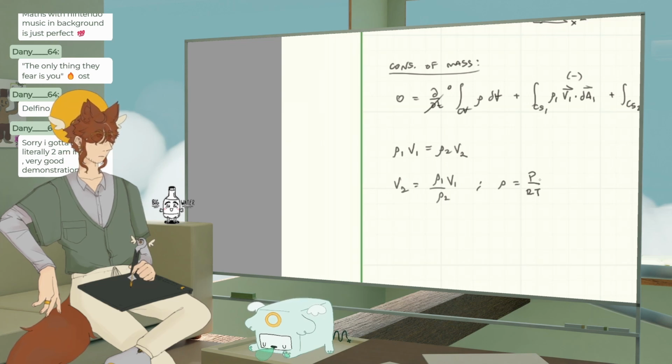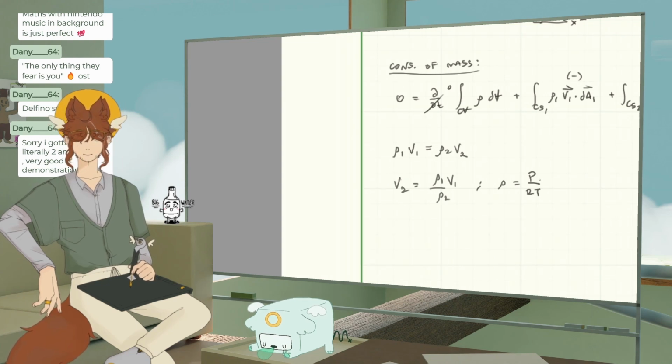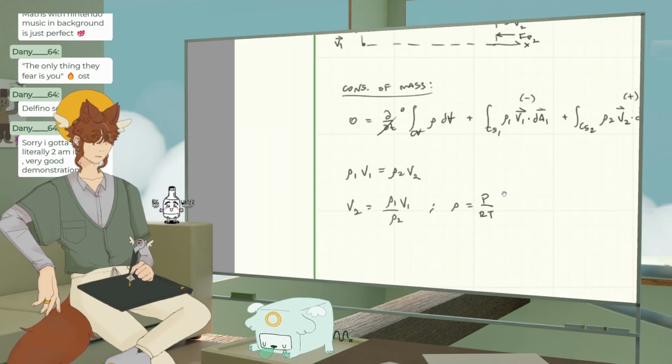Check my handout real quick. Rho equals P over RT. It's specific R, but we don't really care about that right now. Actually, they're both air. The R's are going to cancel out. Well, some stuff is going to cancel out.